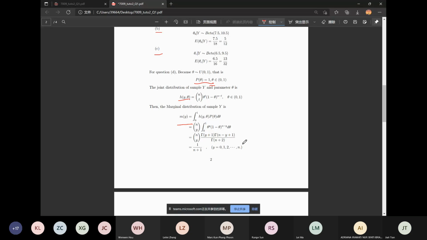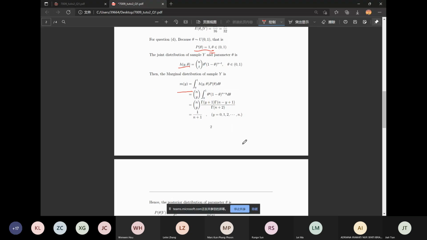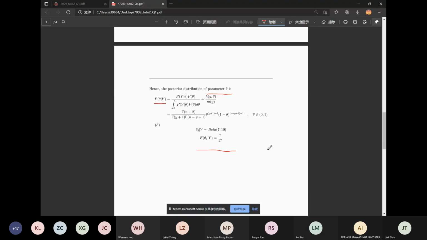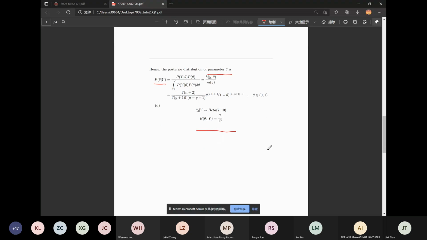You don't need to find the marginal, because it is a constant, so it's just proportional.